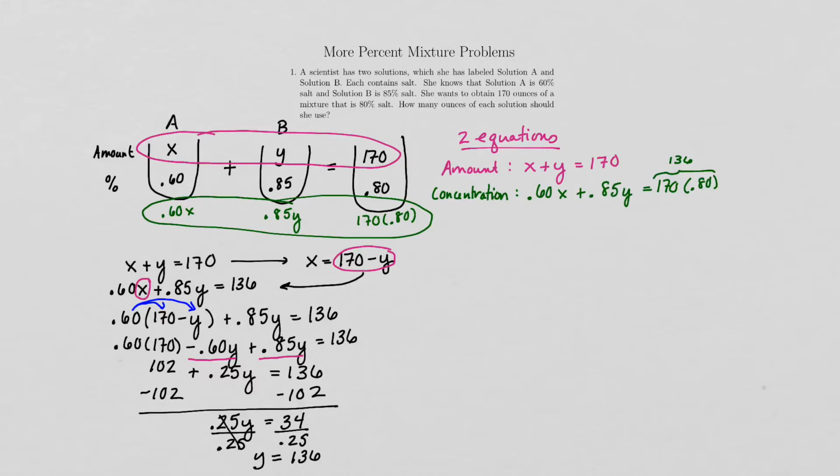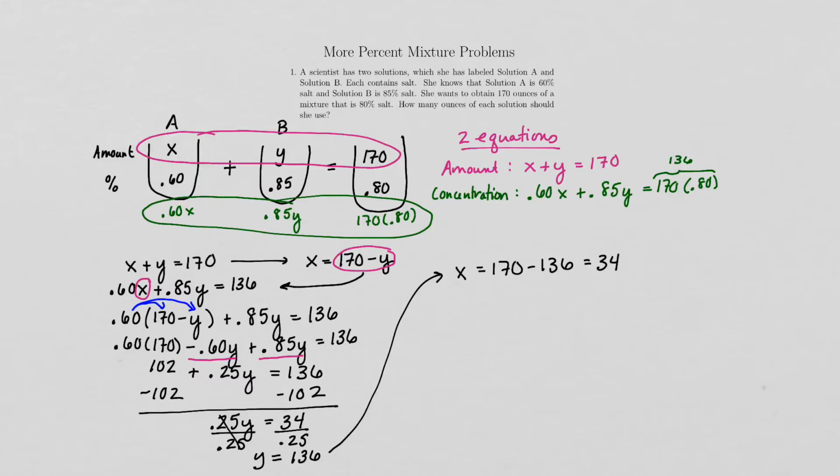And it's just a coincidence that you had 136 up there and now you also have 136. To find x, remember, from here, x is 170 minus y. So x is going to be 170 minus 136, and if I do that, that's 34.